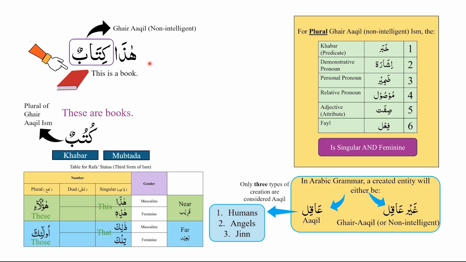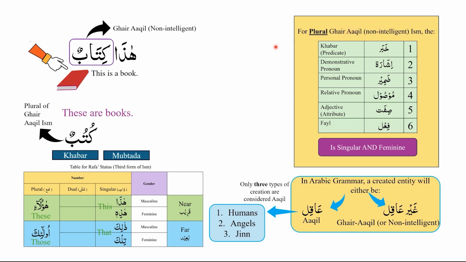If we want to say the plural for this is a book, we will say these are books. The jumla ismiya for these are books will be constructed as follows. For the khabar, we will have kutubun. Kutubun is the plural of kitabun, and kutubun is the plural of a ghair aqil ism.